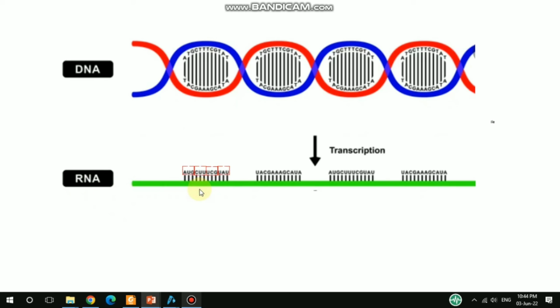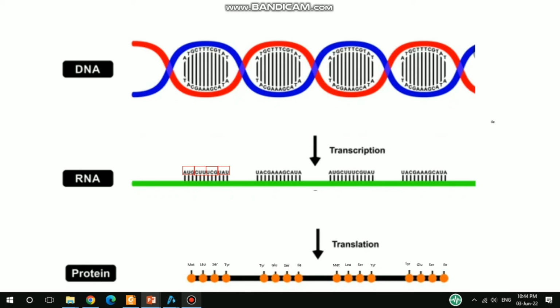These three nucleotide bases are called a codon. A codon is a sequence of three DNA or RNA nucleotides that corresponds with a specific amino acid or stop signal during protein synthesis.